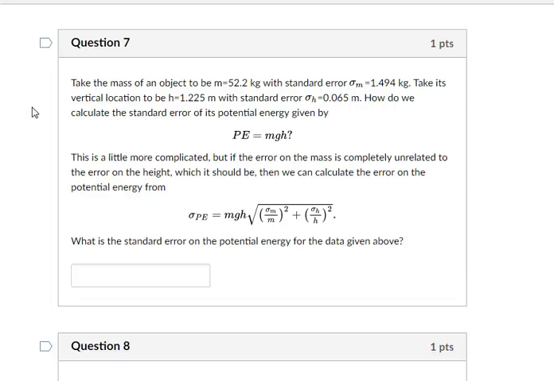For instance, if we're using a ruler to measure the height and a spring scale to measure the mass, the length of the ruler and the length of the spring depend upon the temperature in the room. When it's hotter, they're a little bit longer. When it's colder, they're a little bit shorter. So the underlying physics of temperature can change these measurements.